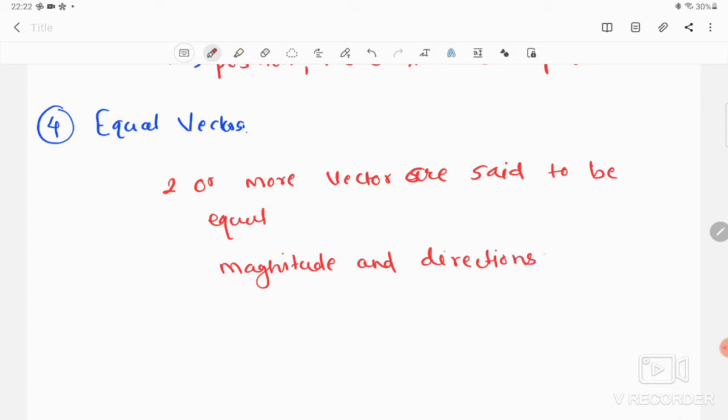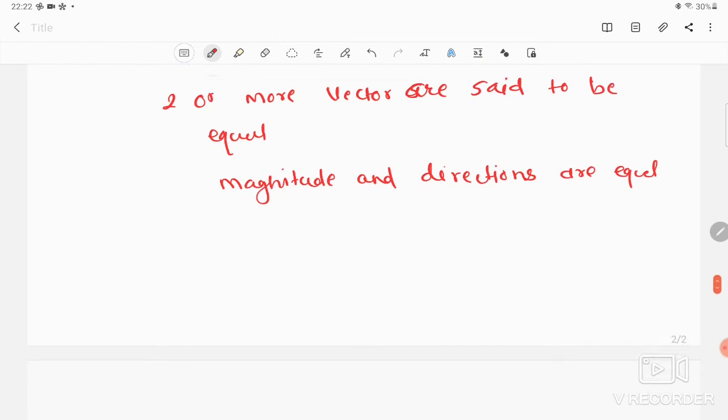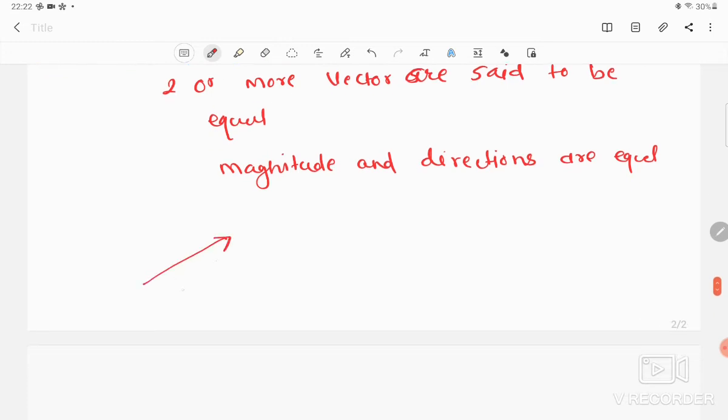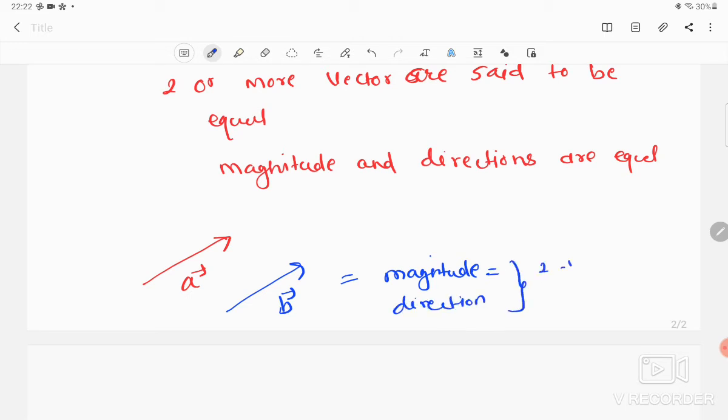Just like here is one vector, a bar, and here is another vector, b bar. Suppose their magnitude is also equal and their direction is also equal, therefore we can say these two vectors are equal vectors.